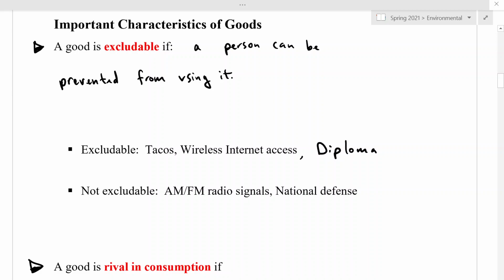But an example of what's not excludable is, say, learning economics in a class, especially a big classroom, right? Theoretically, if some stranger showed up to my economics class, I could tell them, hey, are you paying tuition?